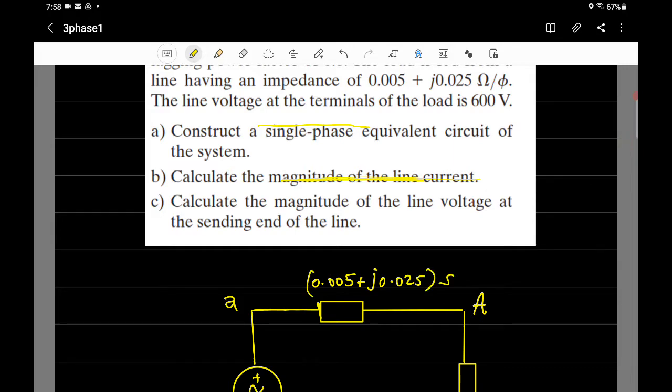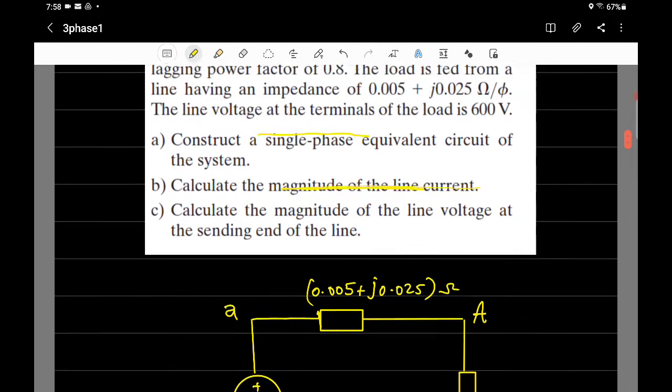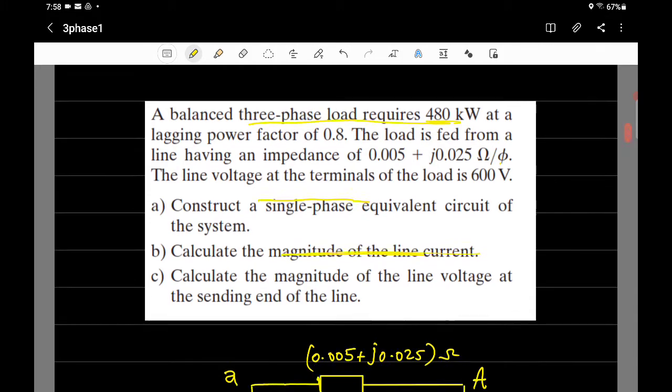Remember what I'm doing, it's an equivalent single phase, only single phase to represent three phase. And the impedance of the transmission line is given per phase. You see, ohm per phase, so I'm fine. But the load is given for a three-phase load that requires 480 kilowatt at lagging power factor 0.8.